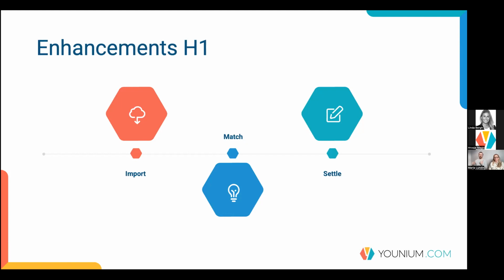One is the import, and with import we talk about, as Maria mentioned, how we collect the payments into Younium. We have had open banking support and Stripe and credit card support for a pretty long time, but one major feature that is released right now is the proper bank integration for our Scandinavian customers.